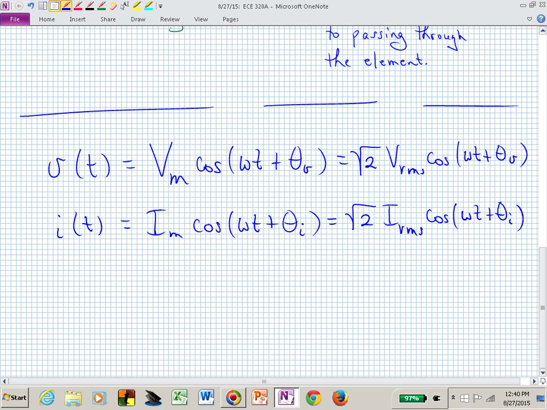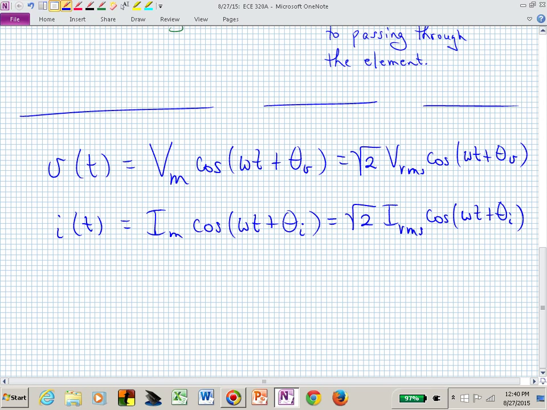You can't take the cosine of that without making a mistake, meaning you need to convert one to the other depending on what mode your calculator is in. If you're dealing with radians, convert the angles to radians before you combine those two pieces. Is that clear? But a lot of times it's convenient to keep theta sub v and theta sub i as degrees and omega in radians per second.